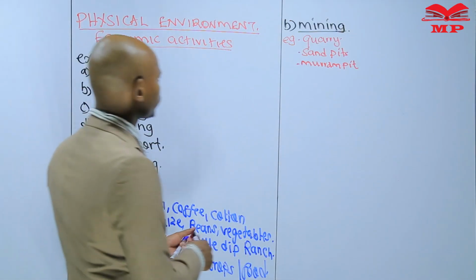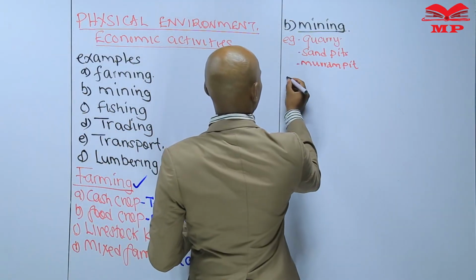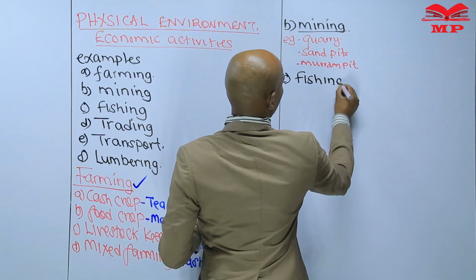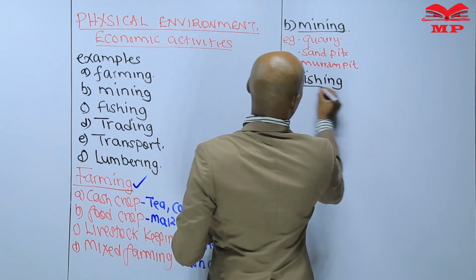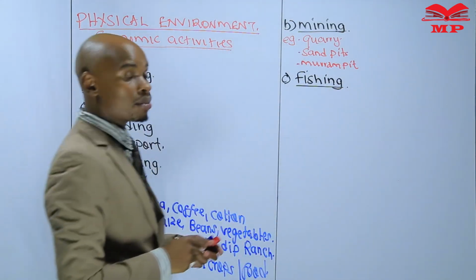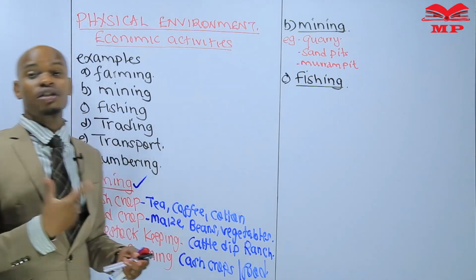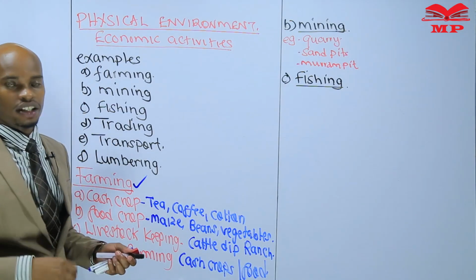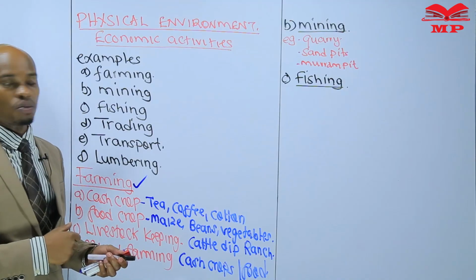Let's go to fishing. Number 3, economic activity, fishing. How will you know that there is fishing in a map? This one is a little bit tricky if you are not careful. Fishing is the harvesting of fish from water.